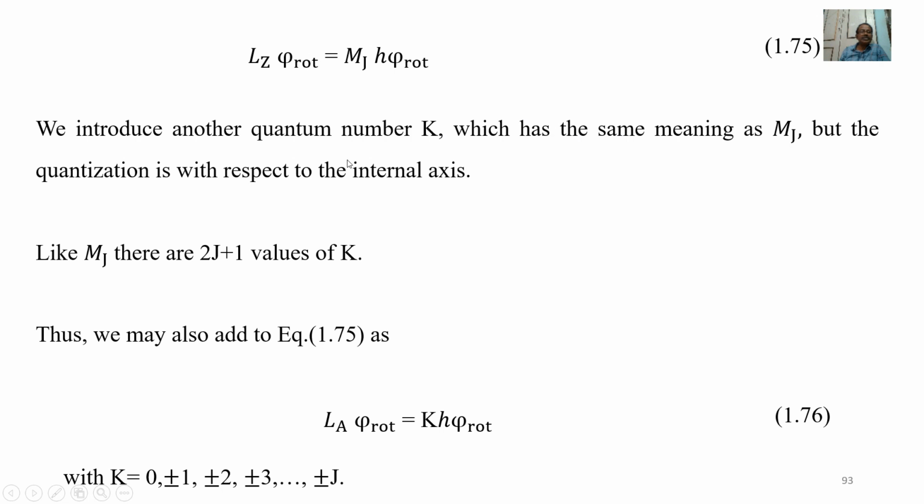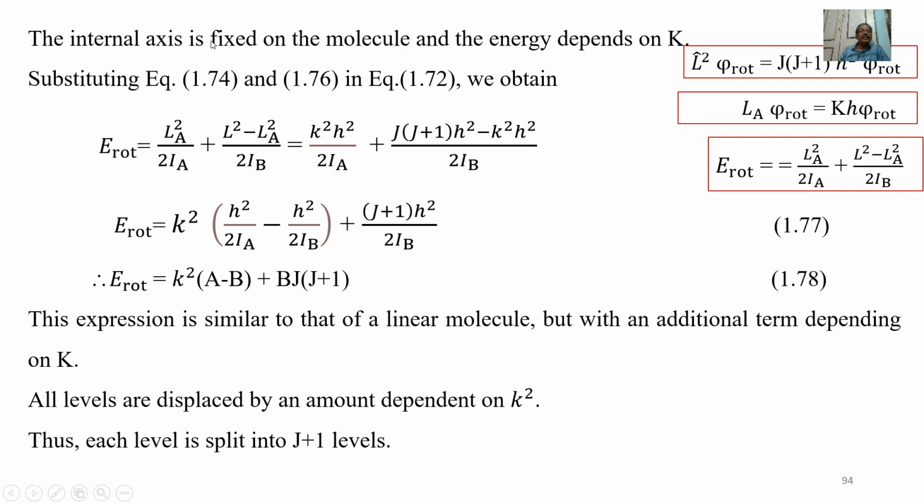And the total number of values is the same as for mj, which is 2J plus 1 values of K. Thus, we may also add to equation 1.75 that the La operator operating on phi rotation will give us K h phi rotation, where K equals 0, plus or minus 1, plus or minus 2, up to plus or minus J. The internal axis is fixed on the molecule and the energy depends on K.